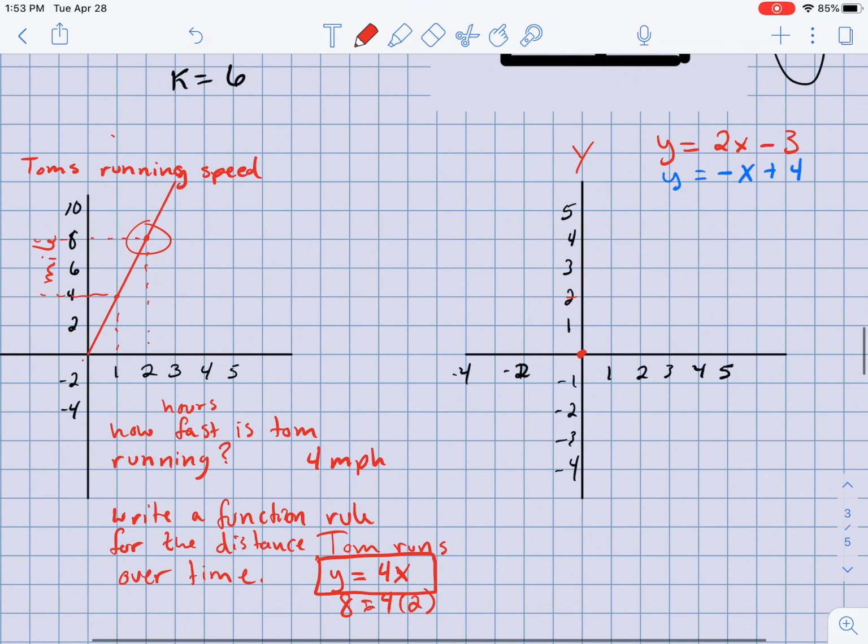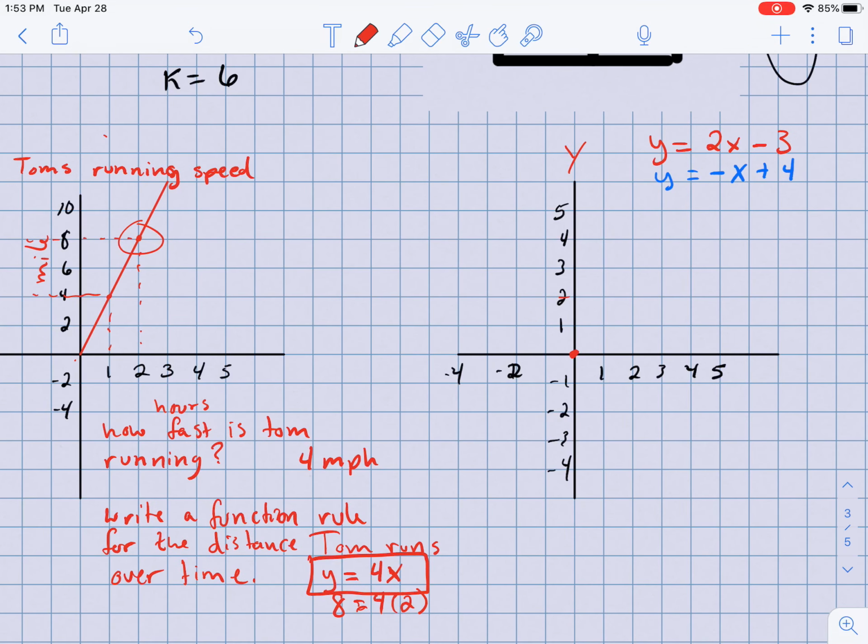Okay, the other thing I want to touch on here is how we graph function rules. This time we don't have a graph, we have the function rule, and now we need to graph it. Two things to look at. One is our b value, which tells us where the line crosses the y-axis. This first one is 2x minus 3.